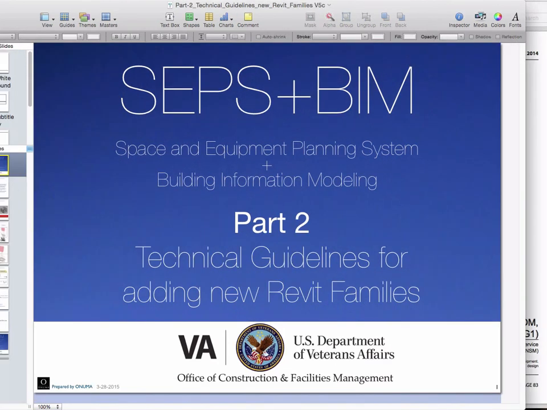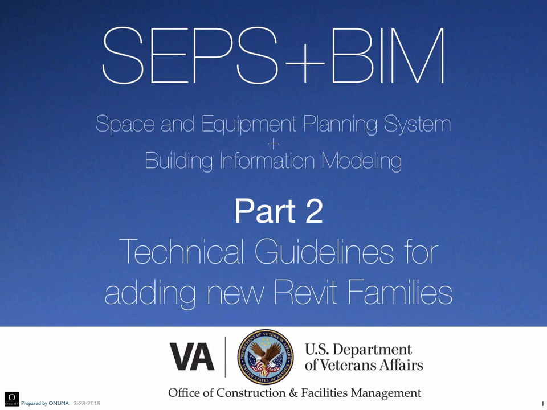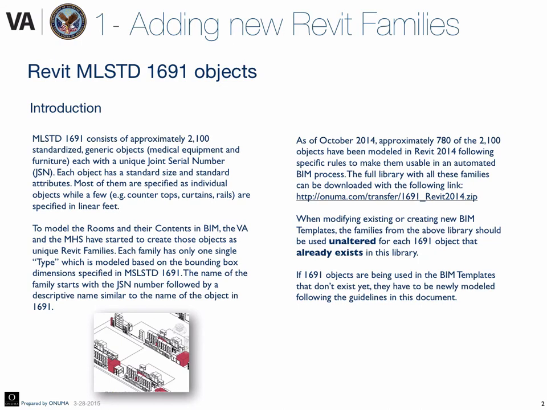Okay, part two. This is about the creation of the Revit families, the actual objects that need to be created. The MIL Standard 1691 database is online on max.gov. It's accessible. You can actually search for all these objects now.